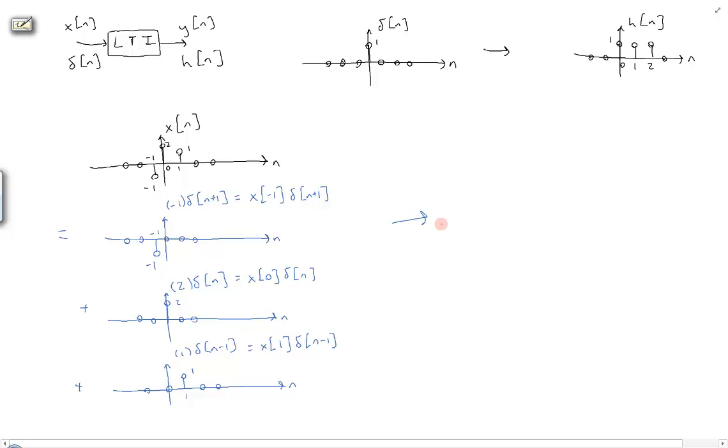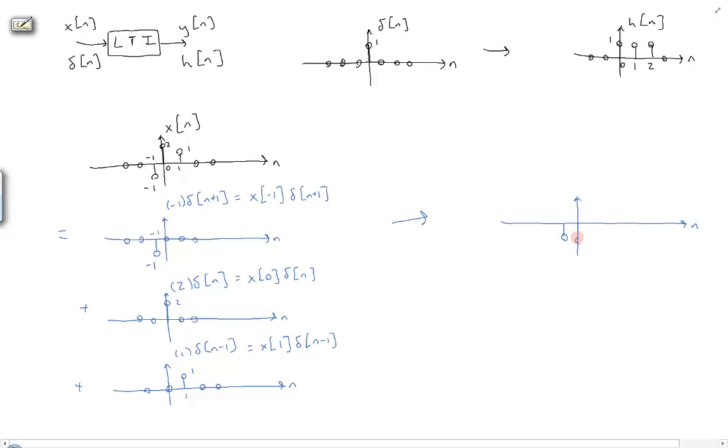This first one is the same thing as scaling the impulse response by -1 and shifting it left by 1, since the system is LTI, and this only holds for LTI systems. So it's this shifted to the left by 1 and scaled by -1.